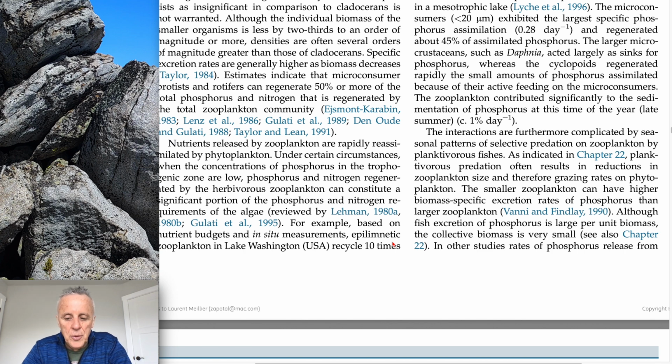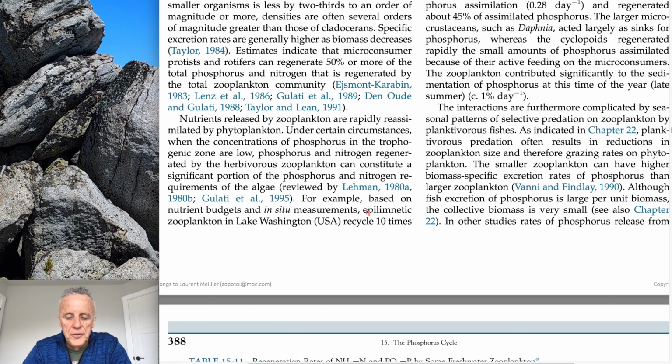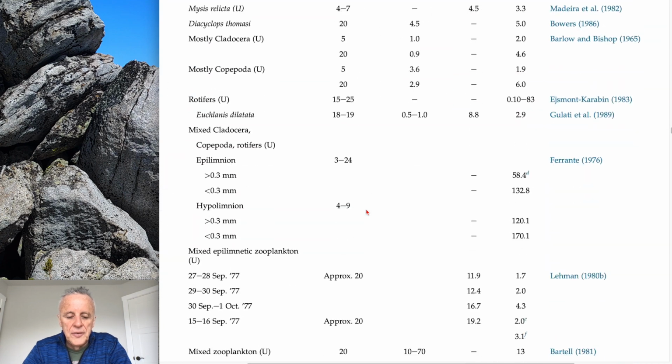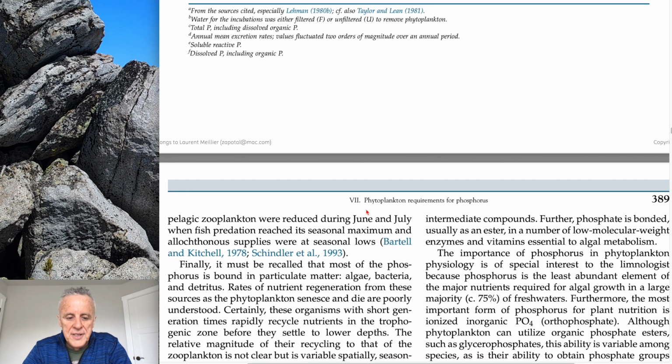The collective biomass is very small. In other studies, rates of phosphorus release from pelagic zooplankton were reduced during June and July when fish predation reached its seasonal maximum and allochthonous supplies were at seasonal lows.